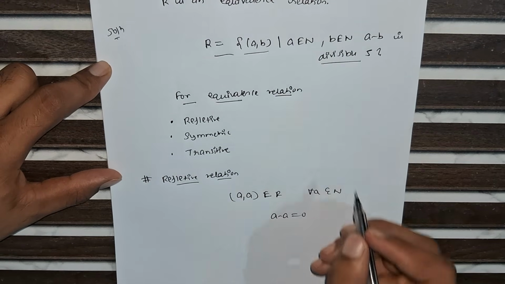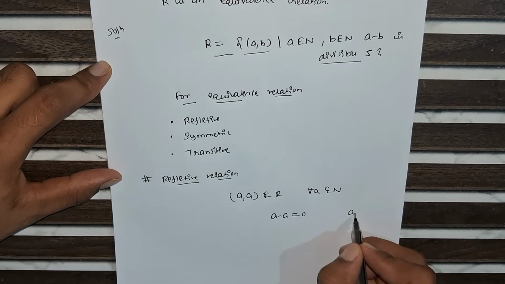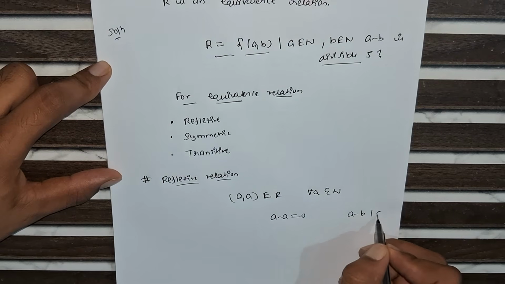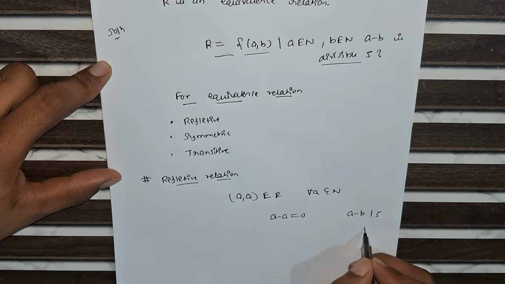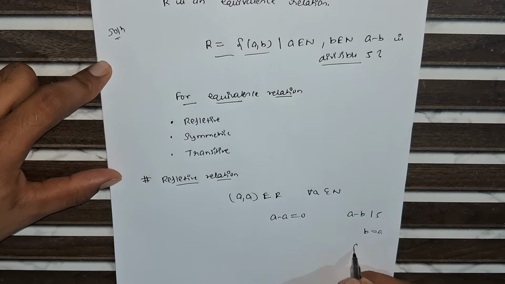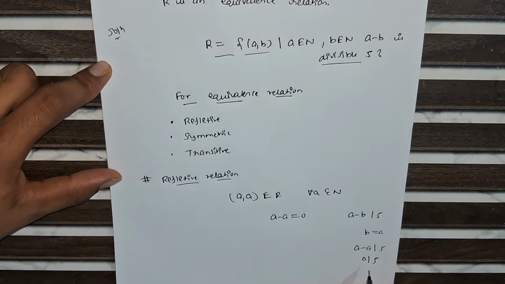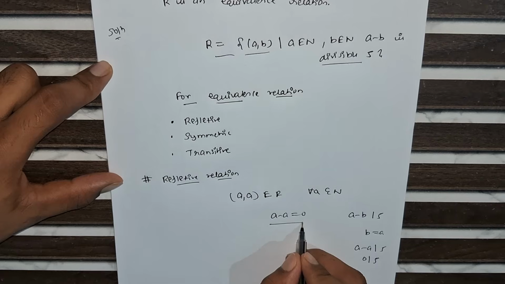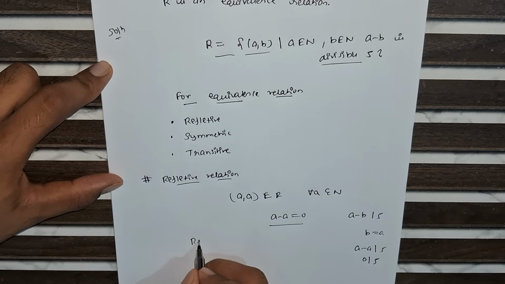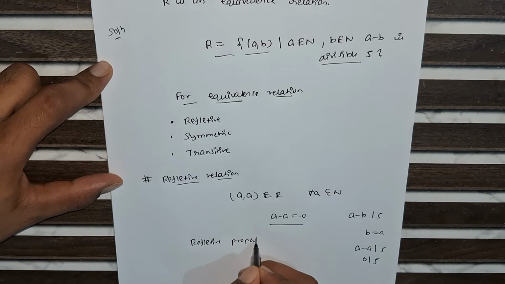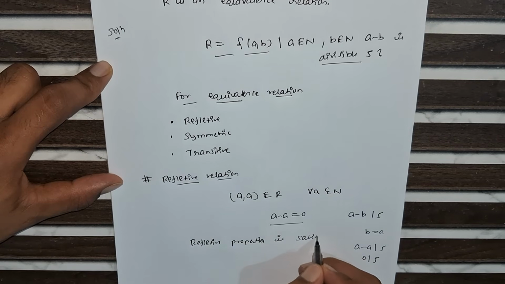In this question it is given that a minus b is divisible by 5. If I put b equals a, then a minus a divisible by 5 means 0 is also divisible by 5. So here our reflexive property is satisfied.